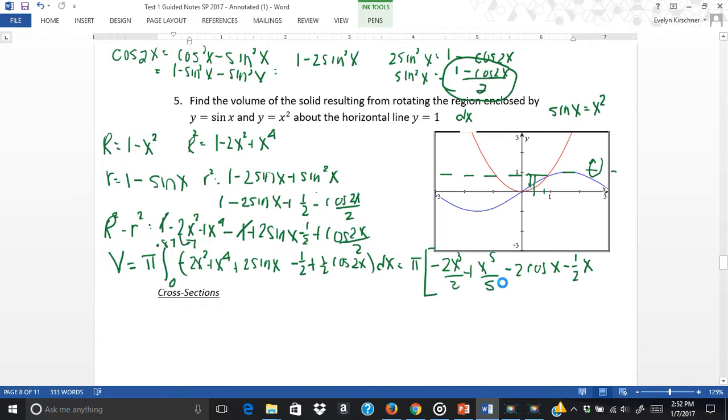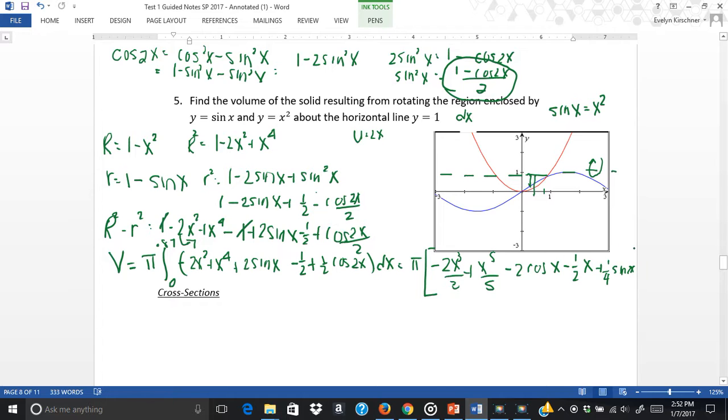And then I have this cosine 2x, and I have to figure out how to integrate it. Well, if you use u substitution, go ahead and do that. If you have u equals 2x, then you can solve this, and you find out that you have the 1/2 plus another 1/2, so it's 1/4 of sine 2x.